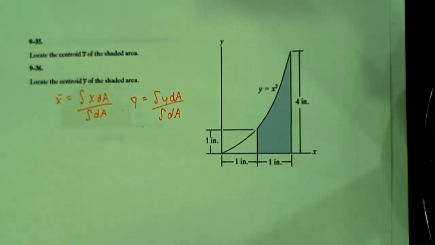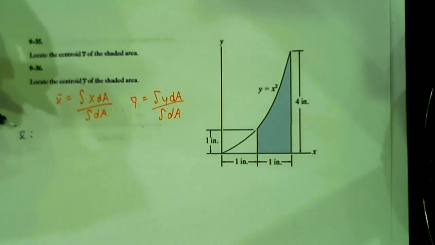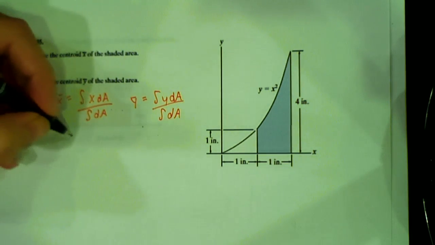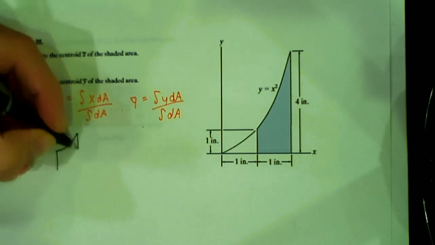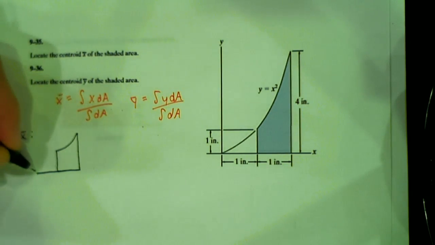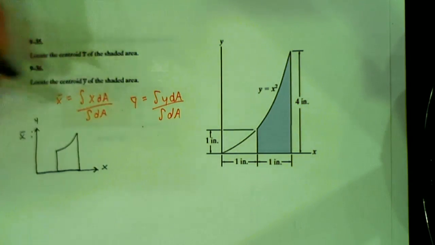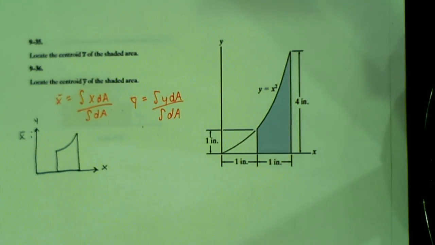Good? So now let's start with x bar. For x bar, I'm going to redraw this. If I want x bar, do I want things in terms of dx or in terms of dy?